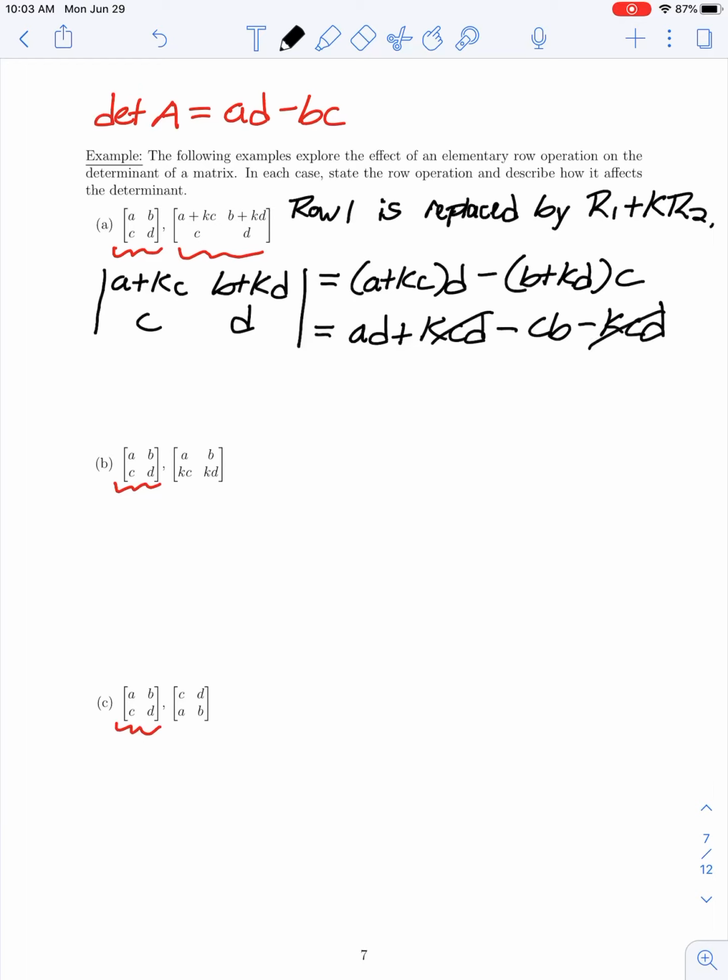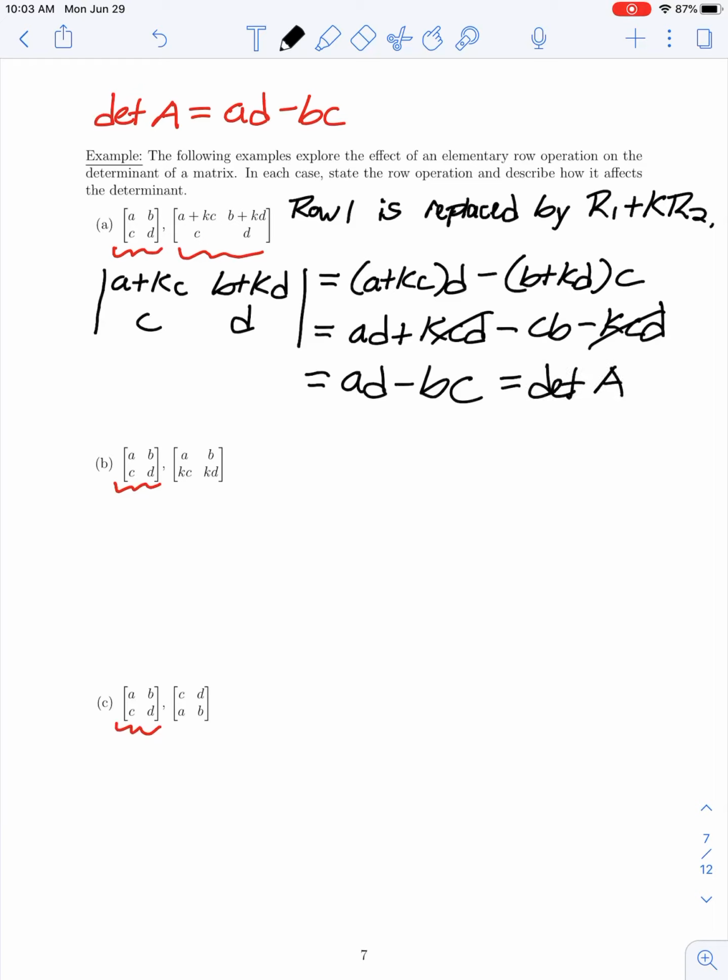So we see that this plus or minus KCD term cancel, and we're left with AD minus C times B, or B times C we could write it as. So we see that this is the exact same value as the determinant of A. The determinant did not change here.